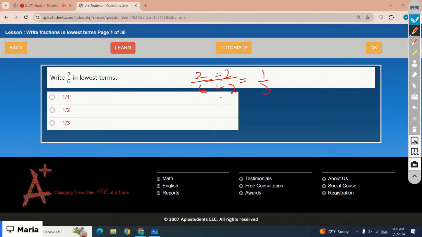You have to divide the fraction by the largest possible number that can divide both numerator and denominator. You have the fraction 2 over 6, so think of the largest possible number that can divide both. That would be 2. So divide them by 2. 2 divided by 2 is 1 and 6 divided by 2 is 3.